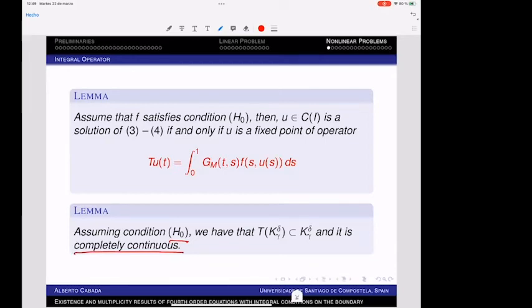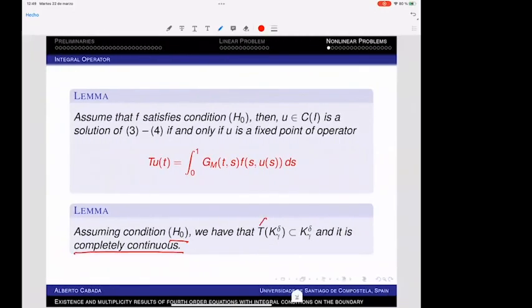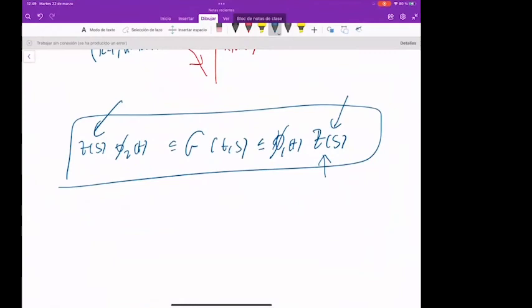This is very simple, right? And because of the properties of the Green function, right, with this gamma and R, we know that it maps the cone into itself, okay?